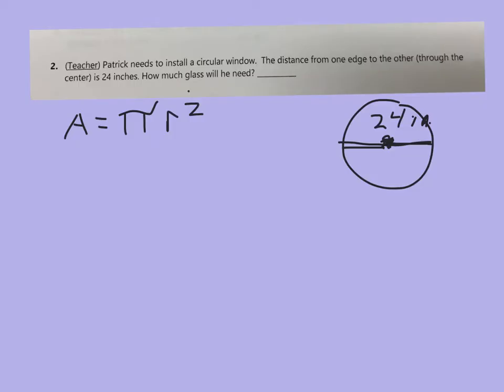Area equals pi r squared. So I'm going to multiply pi times the radius squared. Well, they gave me the diameter here, so I'm going to divide the diameter in half. Half of the diameter would be 12, and that is the radius. So my radius is 12, and radius squared is 12 squared.